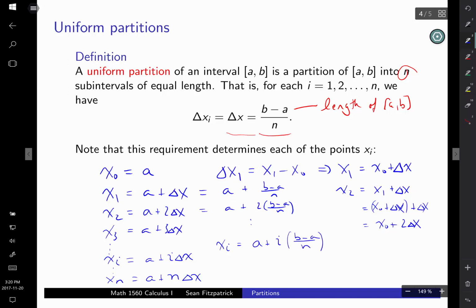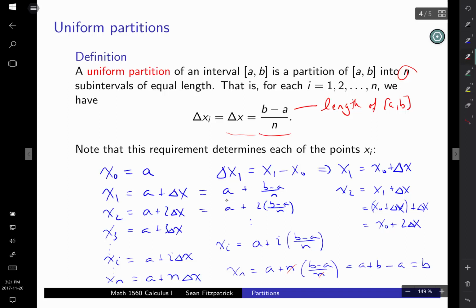And notice in particular that for xn I get a plus n times b minus a over n, and the n's cancel, so that's a plus b minus a. I get b. I end up at the right endpoint, which is exactly where I expect to get, right?